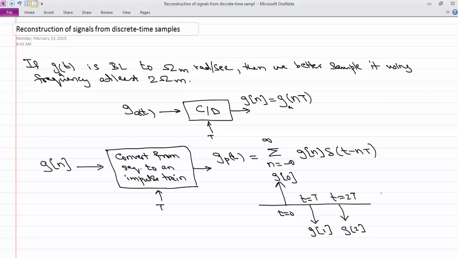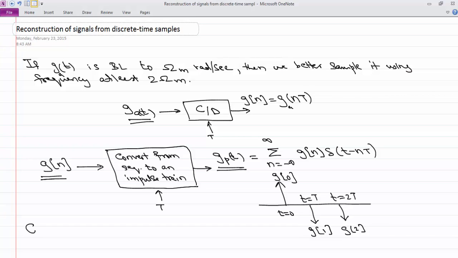Now, in our original formulation, when we were doing the sampling theory, we understand that if this g[n] came from a continuous time signal, then the Fourier transform of g_p(t) is related to the Fourier transform of the original signal through a summation formula.